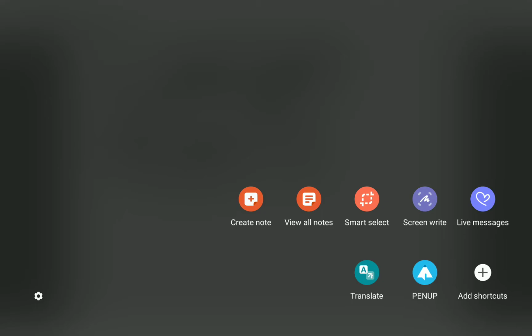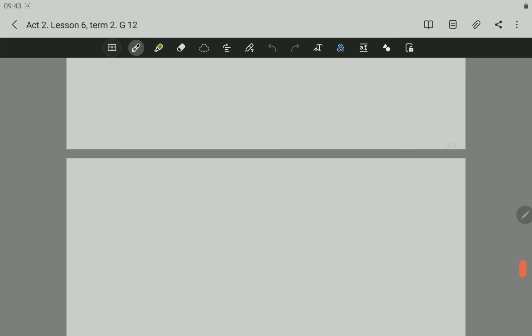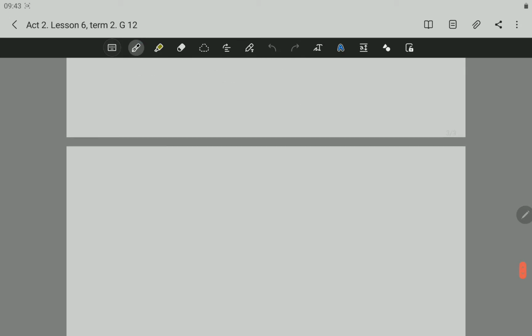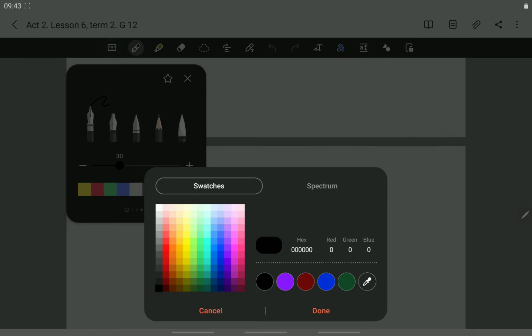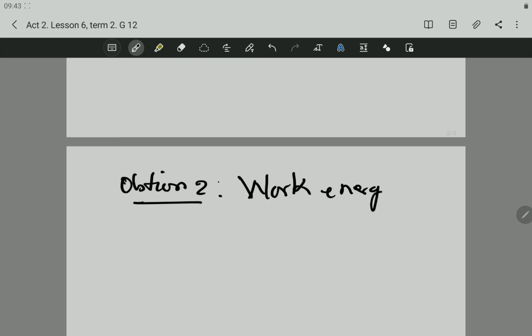Let's go to option 2. This is just to practice both methods instead of going to other questions. So we're going to use the work-energy theorem.